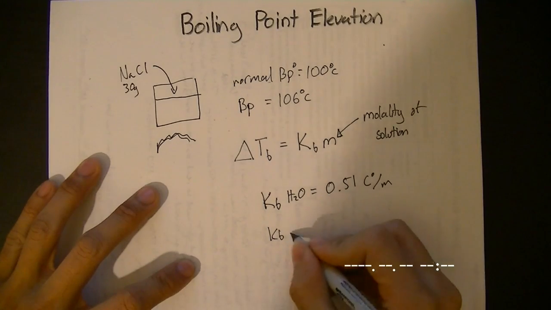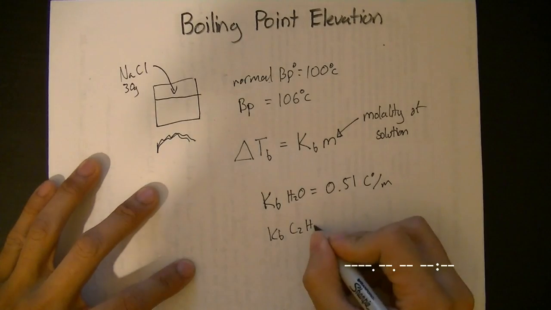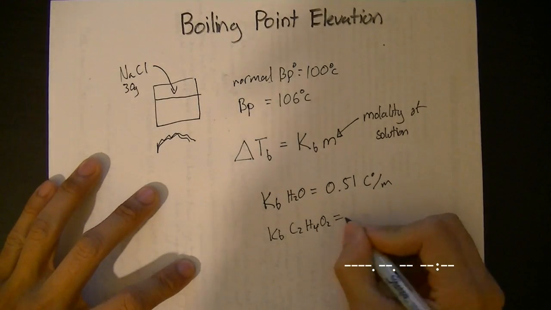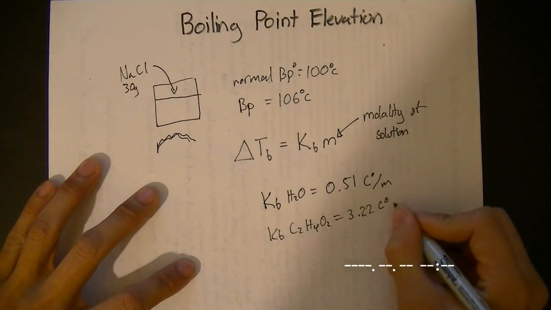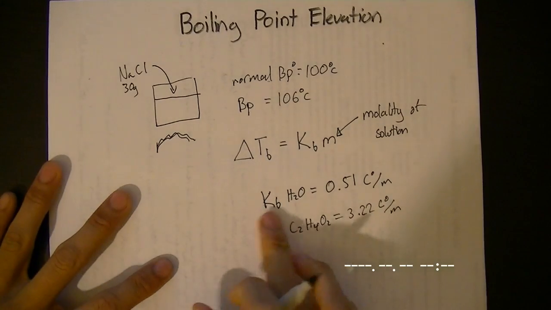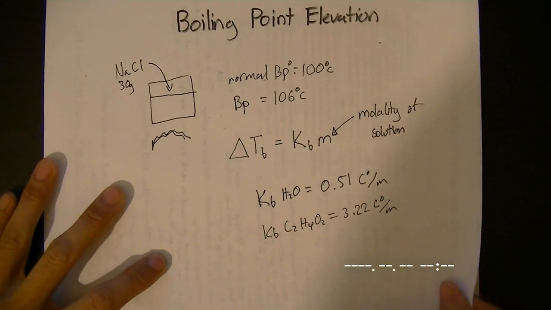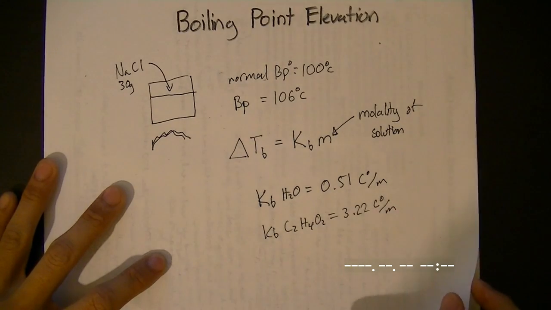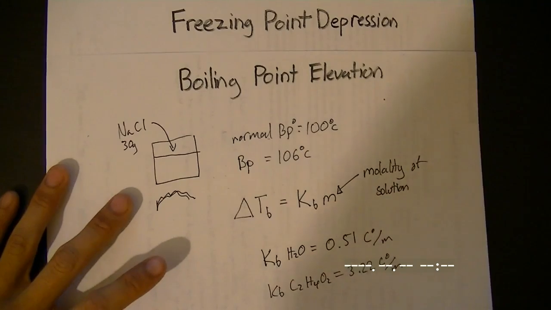The KB for, I don't know, acetic acid, C2H4O2, is essentially 3.22 Celsius per molal. Okay, so these are all constants. It depends on the solvent that you're dissolving in. Okay, and as you probably would have guessed, the next point is the freezing point depression.